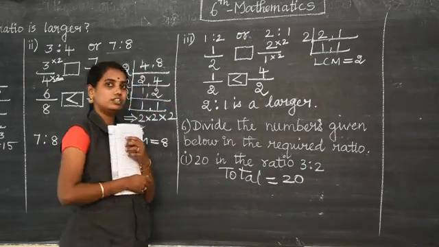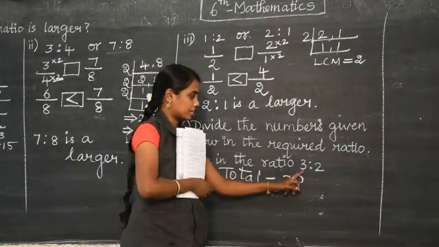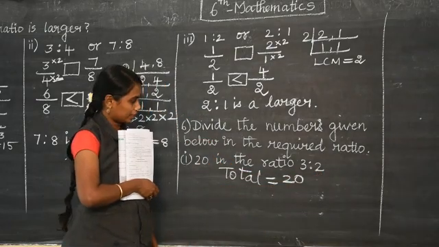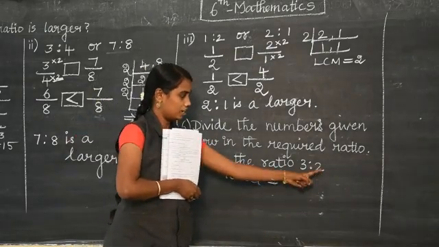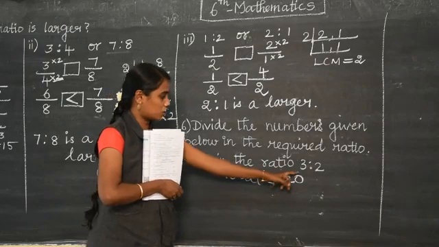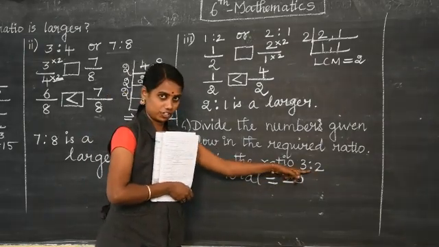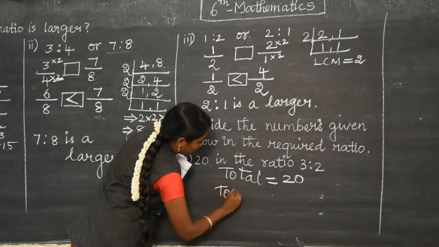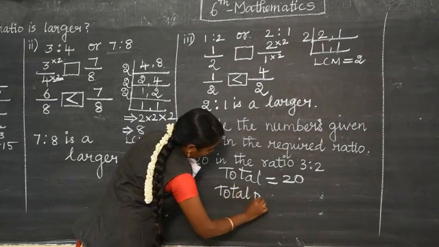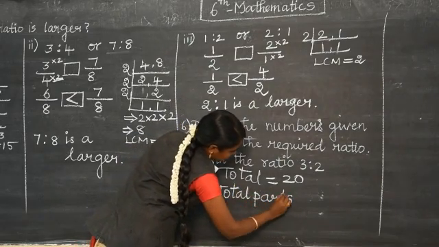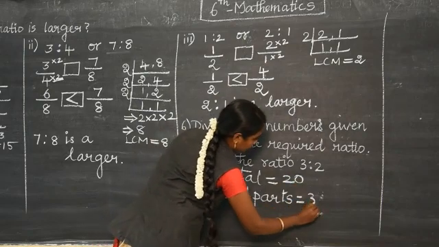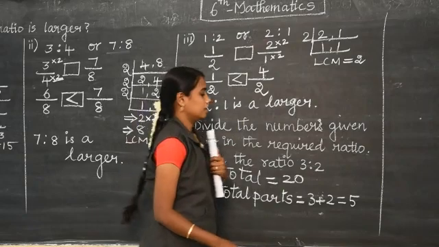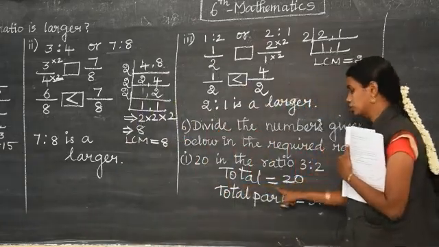We have to divide it in the ratio 3:2, and find out how much is 3 and how much is 2. This is not the original part, that is a ratio part. So find out the total parts, which means add the ratio, 3 plus 2, 5. Total parts are 5. Total is 20.